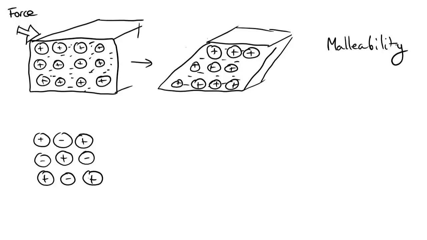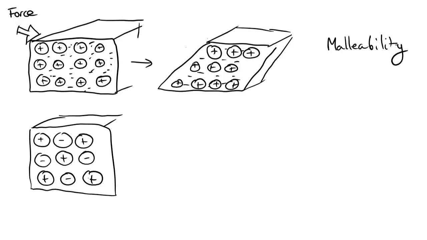So this is in ionic bonding. So you still have a three-dimensional shape and everything's good and stable, and then you try to hit it with a particular force. So here's my force, and then what happens is that this happens. So let's imagine that you hit that ionic with a particular force. I'm just comparing ionic with metallic. Metallic has the delocalized electrons, ionic actually doesn't.